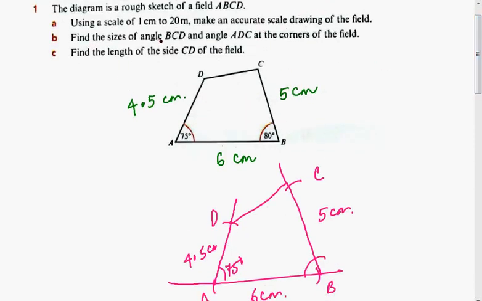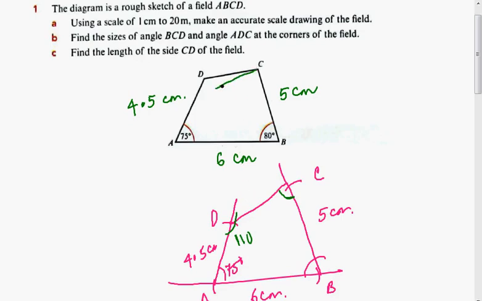Find the sizes of the angle BCD. So we will use a protractor. It will give some value. And ADC, again it will give some value. I don't know how much exactly it will come. You can draw and check. It should be around 110 or so, as far as I'm able to see.